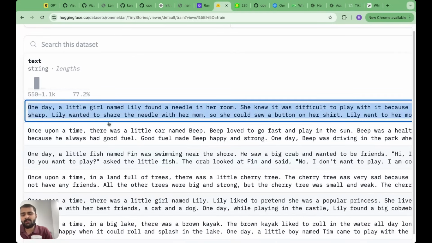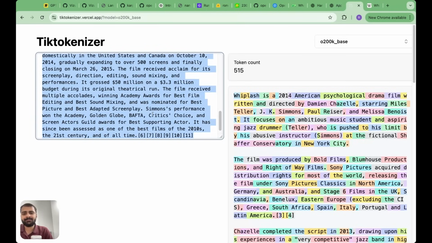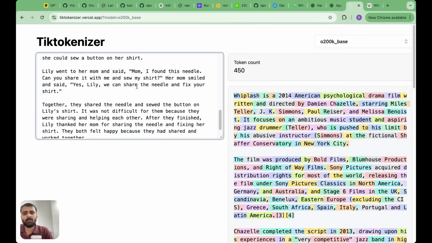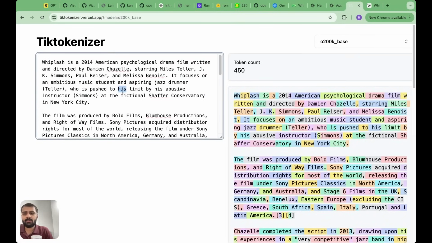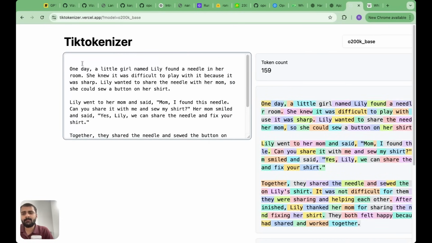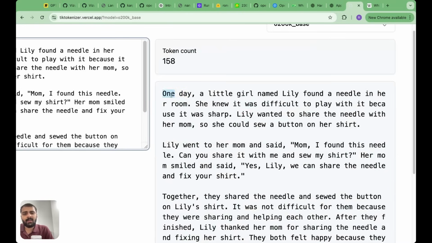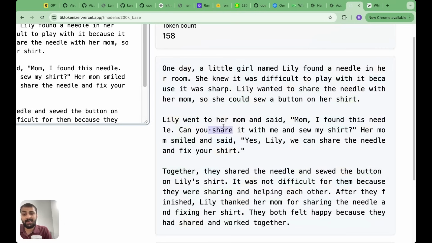If I now do it for my simple story, let's see. If I take this story and use their tokenizer, it will be broken down into 158 tokens. So, one day, a little girl named. All of these seem to be separate words, but Lily is L and ILY, right?